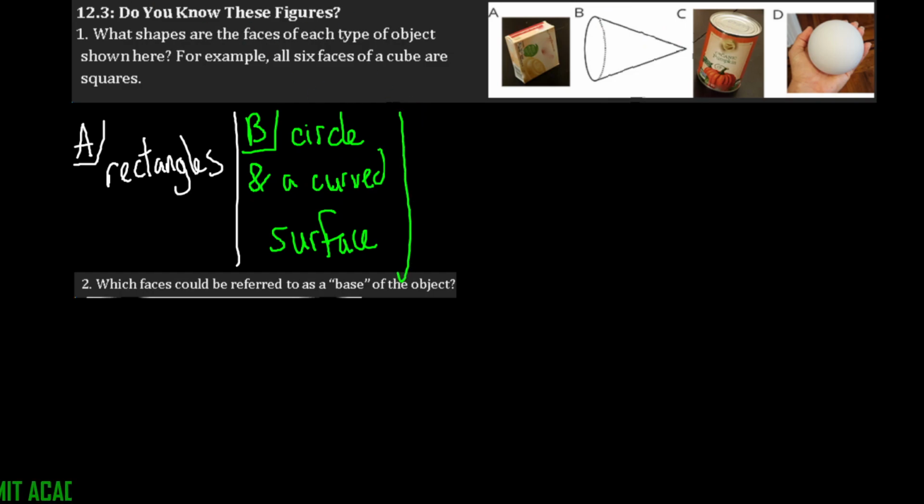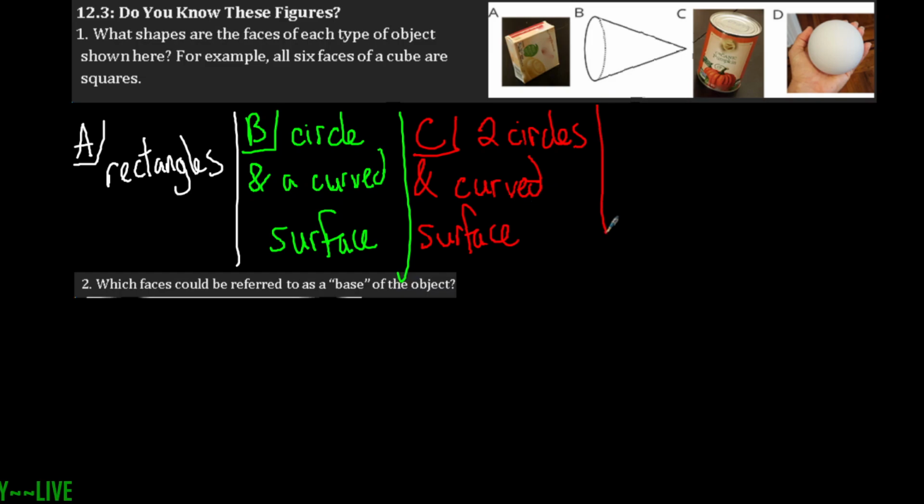And so for our next one, for C, our cylinder, it has two circles, the top and the bottom, and it has that curved surface again. And then lastly, for part D, the sphere, that's just going to be one curved surface.